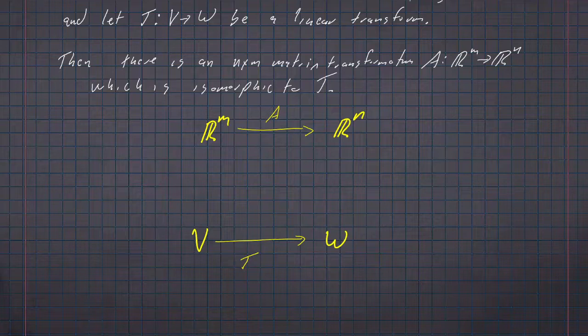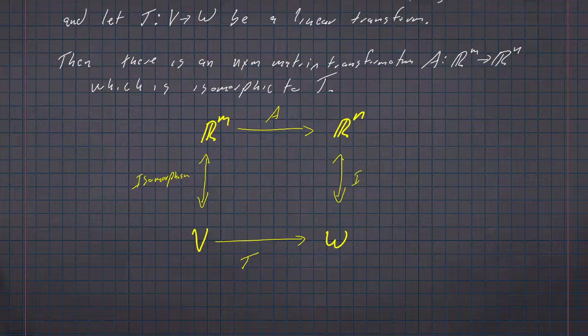Remember that V is an m-dimensional vector space. And we showed that any m-dimensional vector space is isomorphic to Rm. Likewise, any n-dimensional vector space, such as W, is isomorphic to Rn.